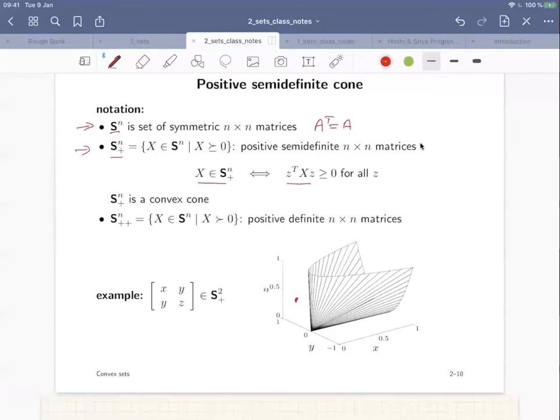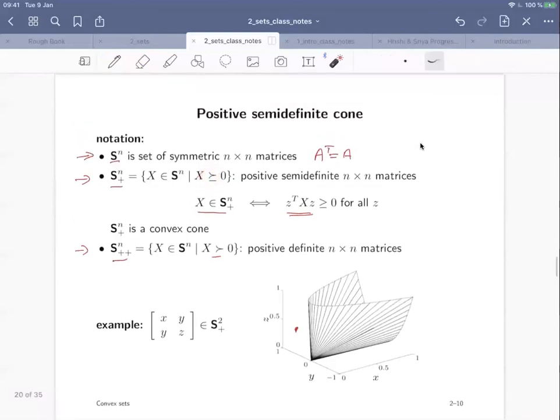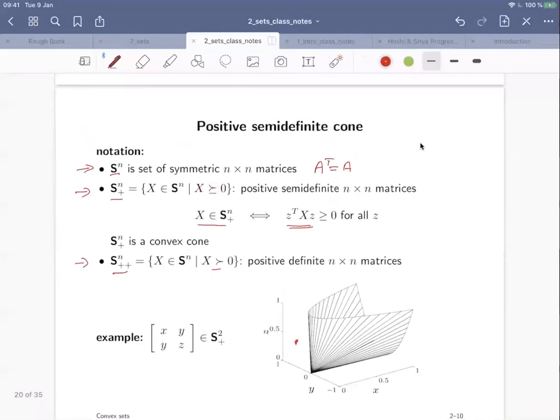Then the third one is positive definite. Again, the same definition, but with strict inequality here. So here, you may notice a new inequality, right? Previously we saw that when you compare two vectors, a less than or equal to b, this means it is component wise.